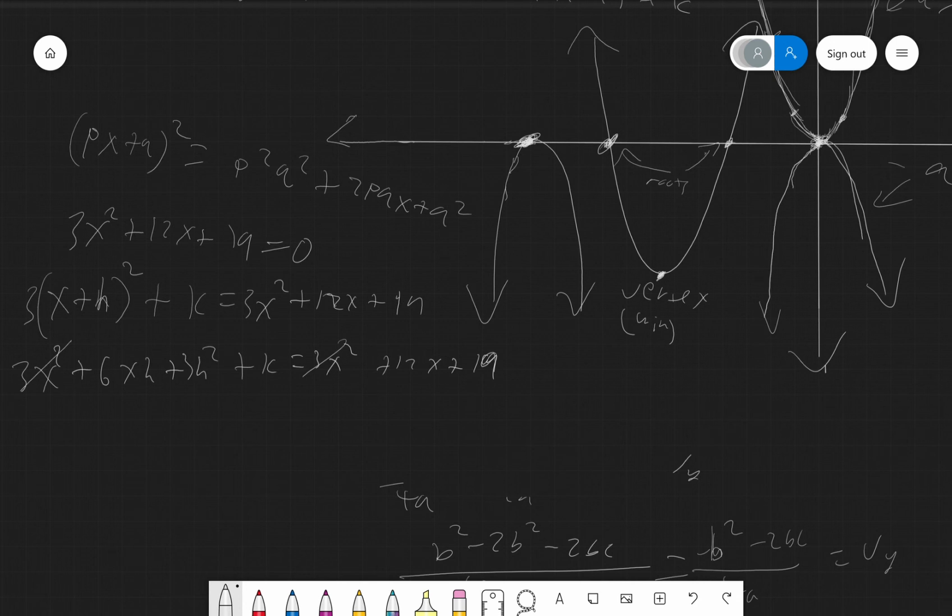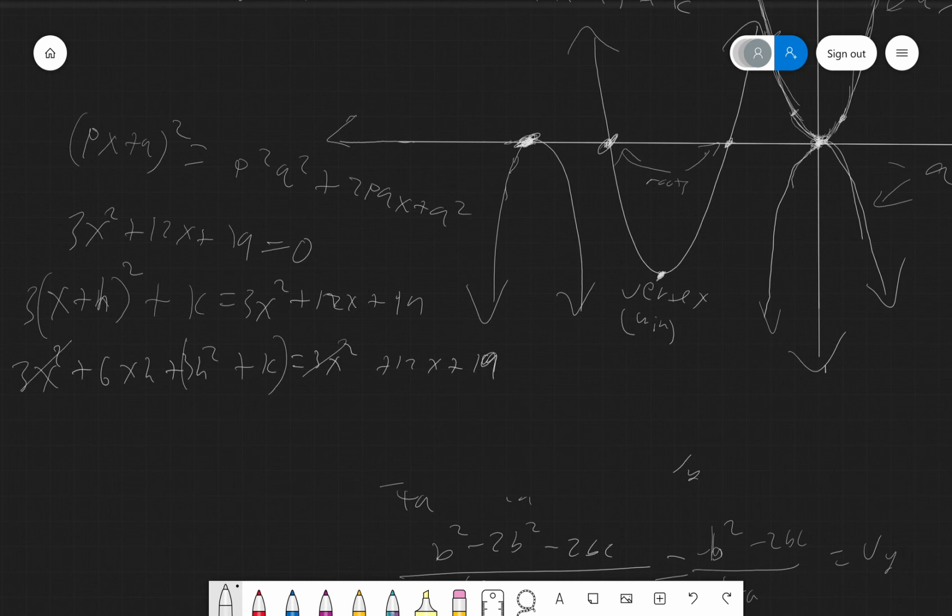We could first solve for 3h squared plus k, but then we'd have a leftover of 5x or something like that, so we want to give priority to the next thing. So 6x, so it's 6xh. So if 6xh equals 12x, then h equals 2.